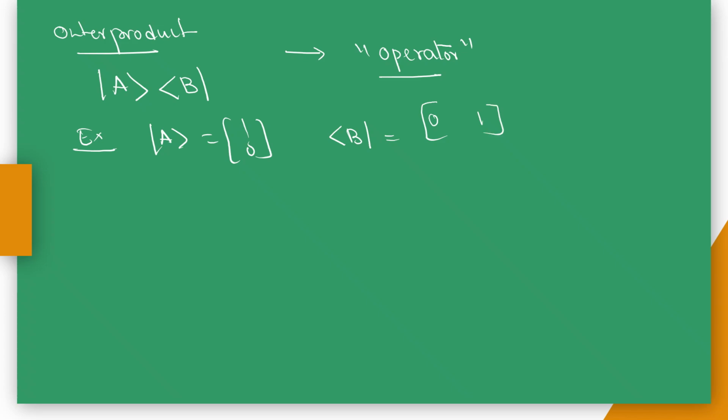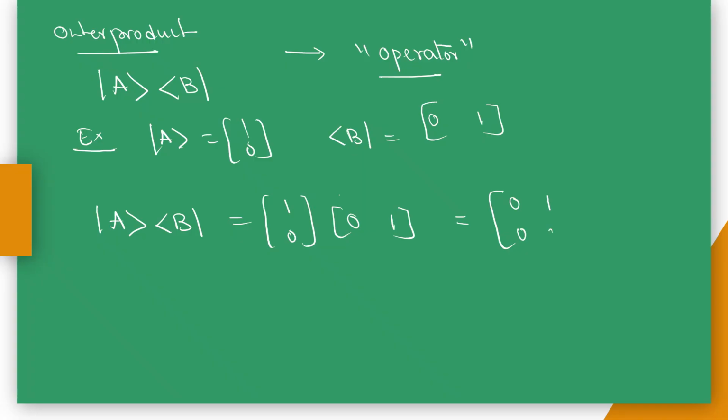Now the product between ket A and bra B, which I take as (1, 0) times (0, 1), is a multiplication which gives (0, 1; 0, 0). So that's what we need to know about matrix multiplication, because in quantum operations we need to use matrix multiplication, matrix addition, etc.